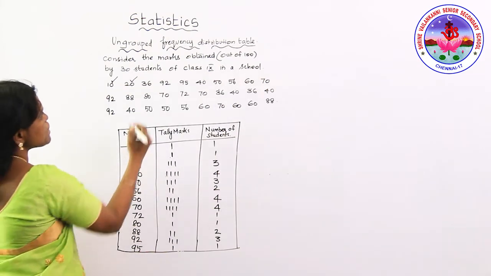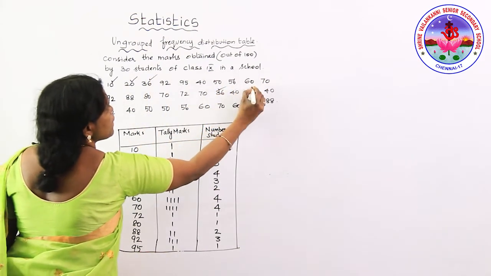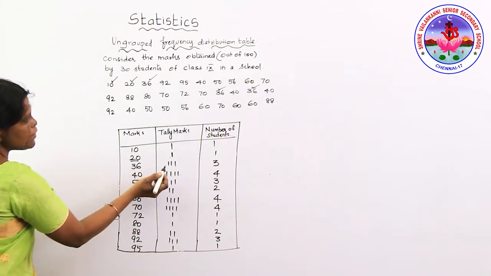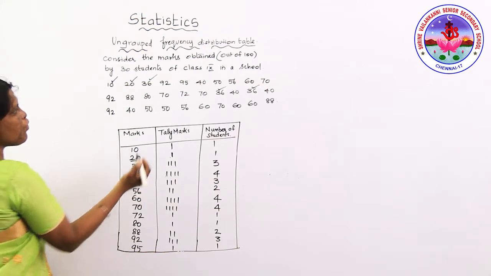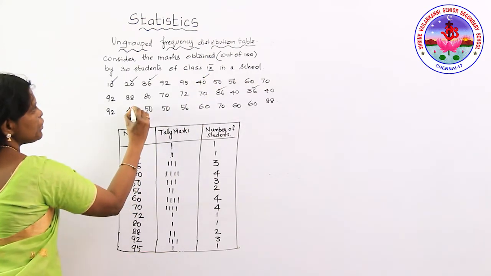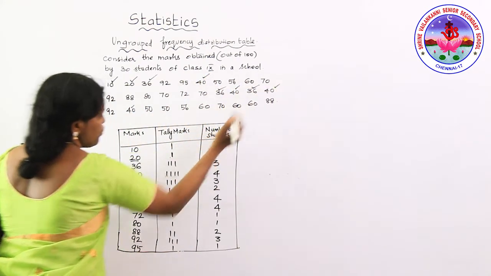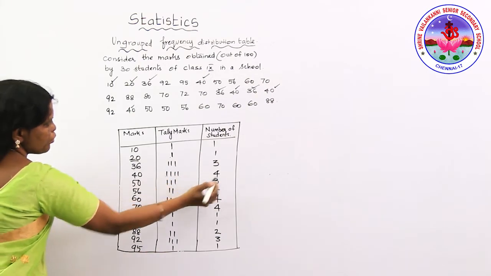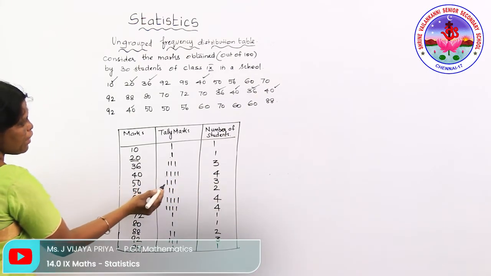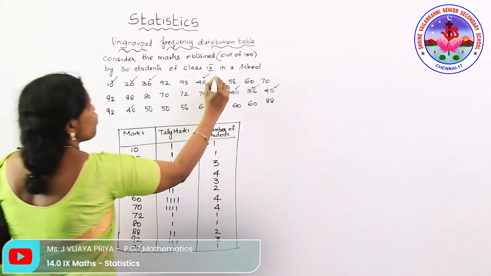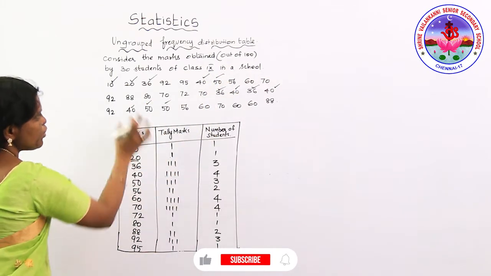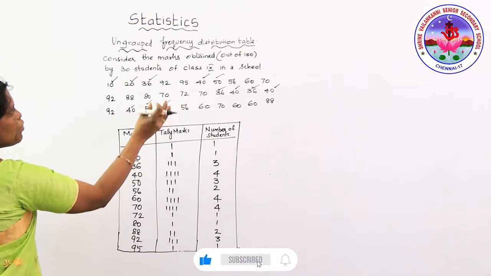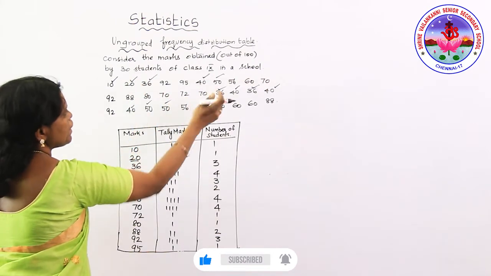Similarly for 36, I find 3 students who scored 36 marks, 3 lines, so totally 3. Now 40: 1, 2, 3 and 4, so I draw 4 lines. Similarly, for 50, I find 3 students. In the same way, I keep on calculating the number of students who got each of the given marks.